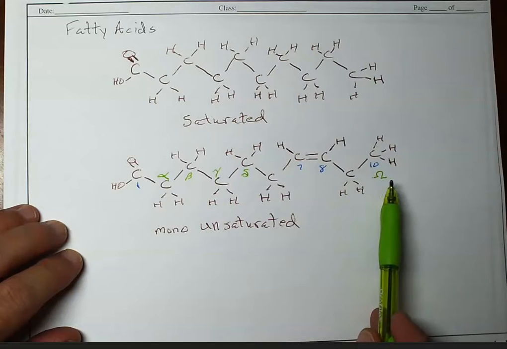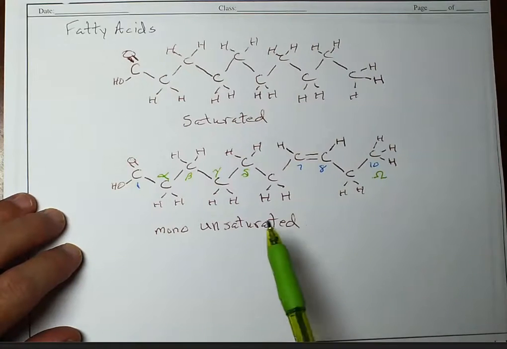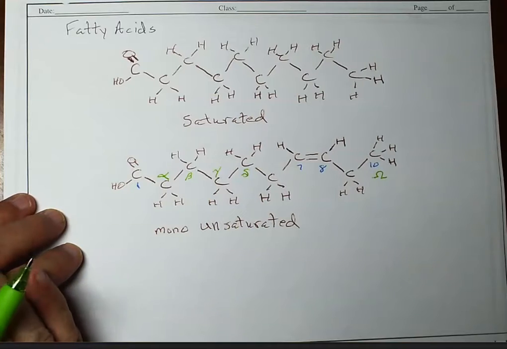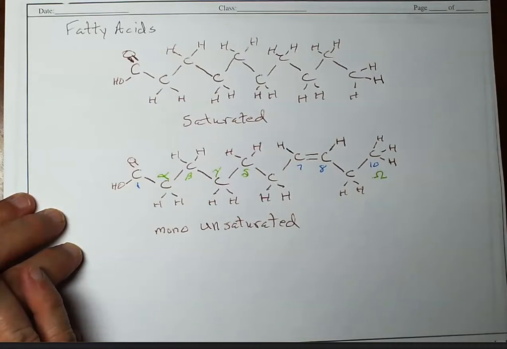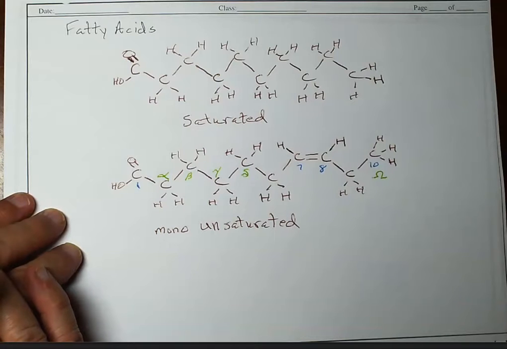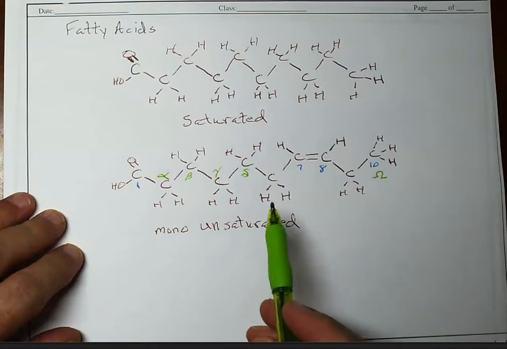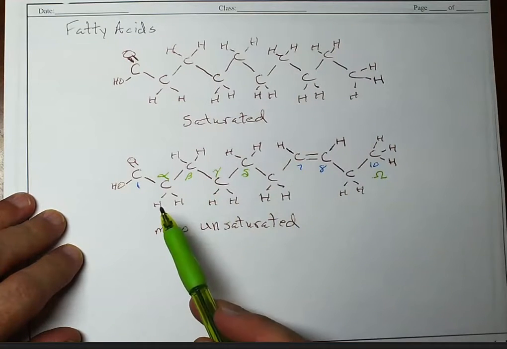Now, I hear sometimes people saying that you need to get your omegas, which is a saying that makes my skin crawl. What they should be saying is that you need to get something like this.